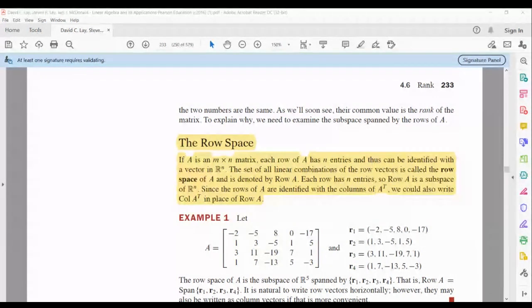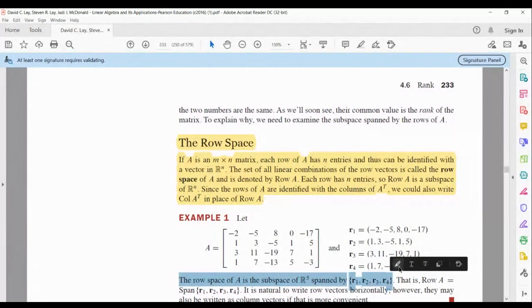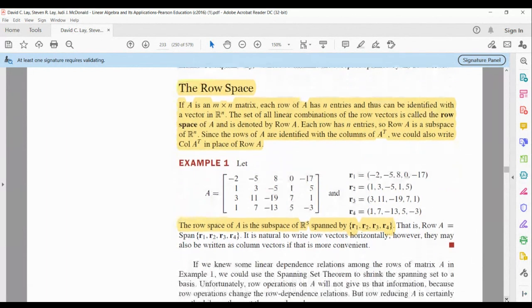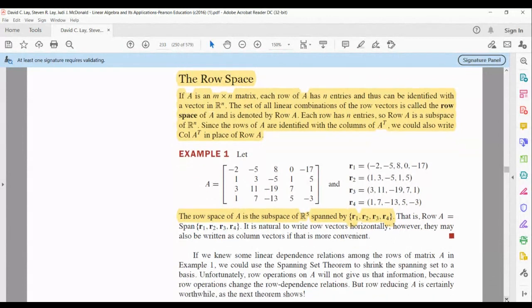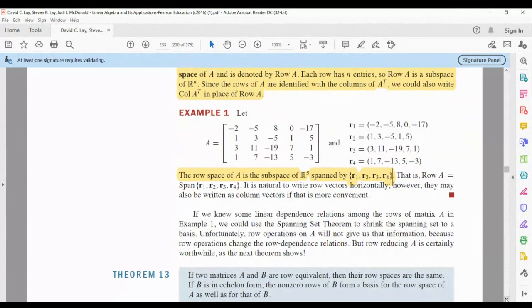Since there are 4 rows, you have 4 row vectors, but each of the row vectors lives in R5, and the row space of A is a subspace of R5 spanned by the row vectors. Okay, it's really that simple.